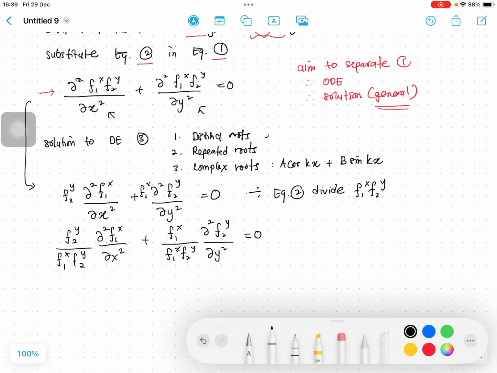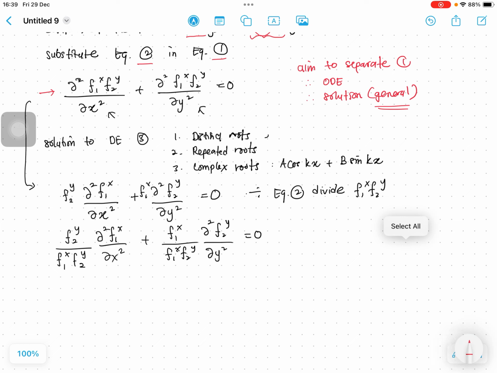Now what do you see here? You can cancel some of the terms, for example f2, f2, f1, f1. So you end up with 1 over f1(x) times the second partial derivative of f1 with respect to x, plus 1 over f2(y) times the second partial derivative of f2 with respect to y, equals 0.